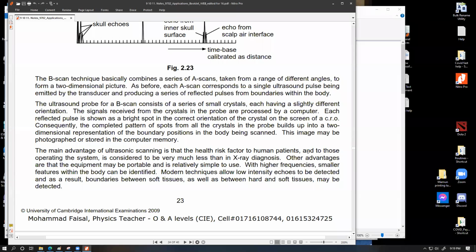Here's the deal, you have to understand that by the A scan, we are trying to detect the reflection intensities along a straight line from the crystal through the patient's body and back in the same line. So whenever we use different frequencies, the superposition of these waves is minimal, because to have a significant superposition, we need all the waves to be coherent.